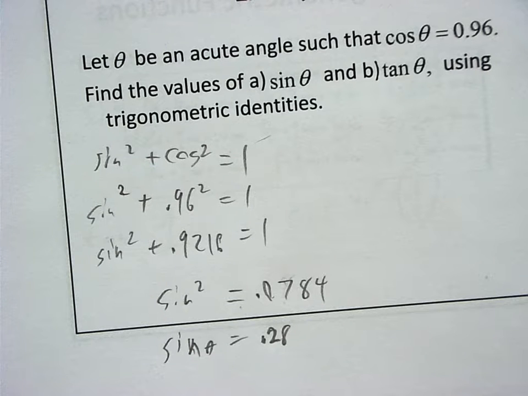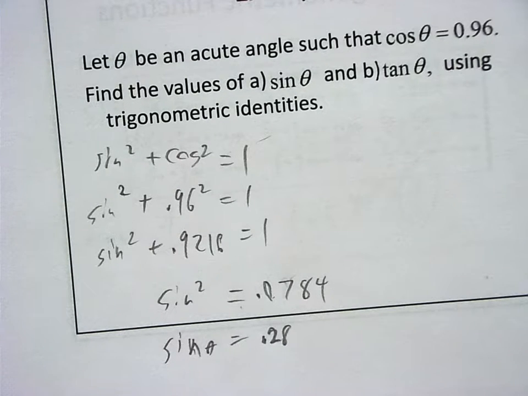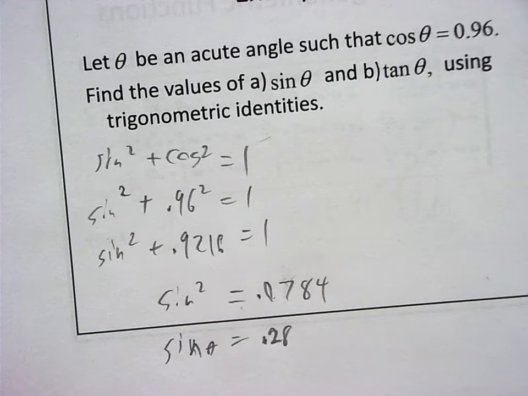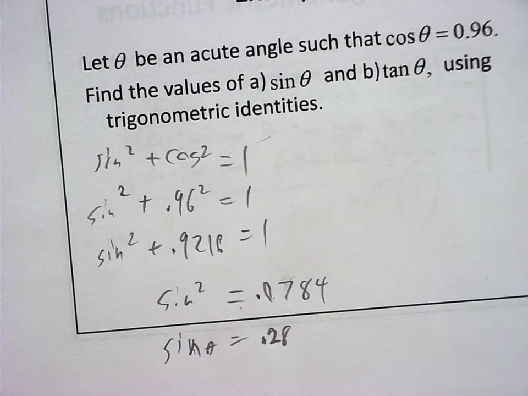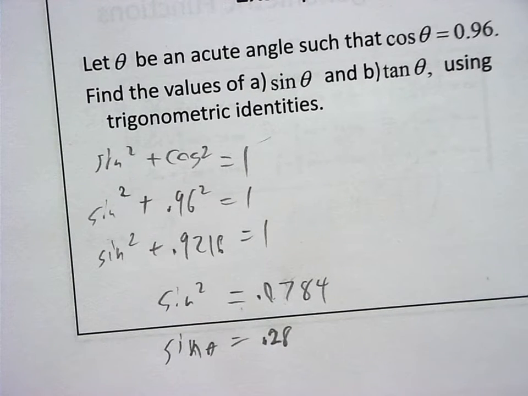What's an acute angle? Not just less than 90, it's between 0 and 90, right? So between 0 and 90 puts you in what quadrant? First quadrant. And what's true about every trig ratio in the first quadrant? It's positive, so it's positive 0.28. You're right about it being positive, but you've got to get the justification right too.